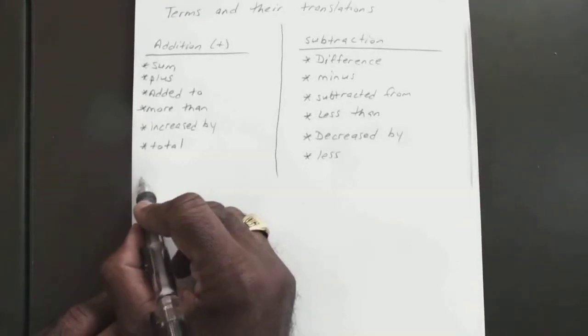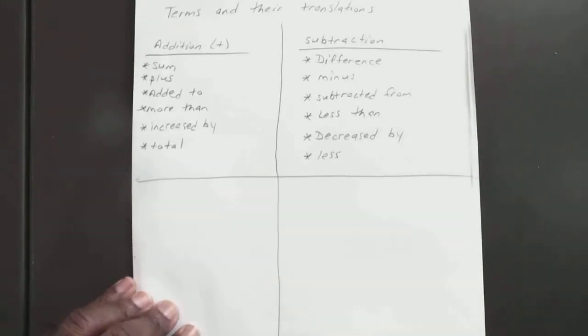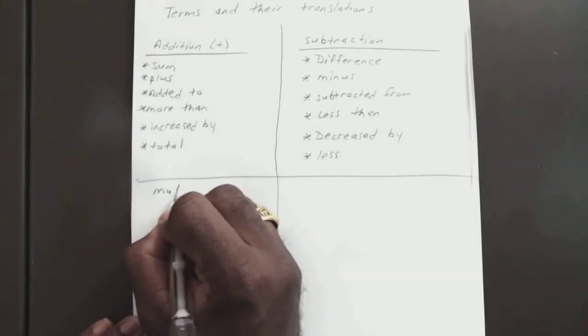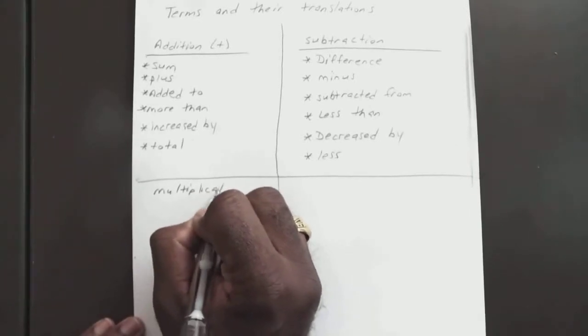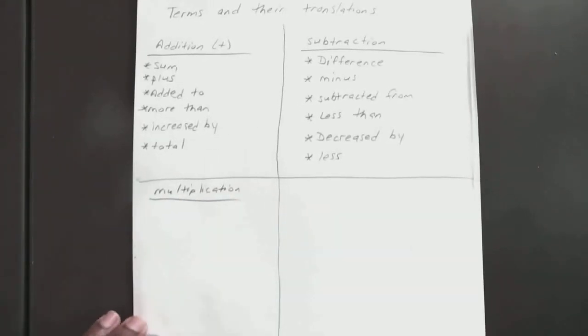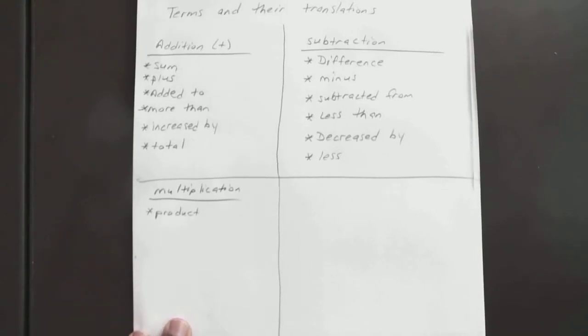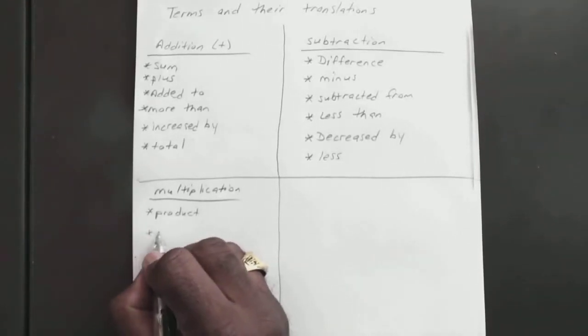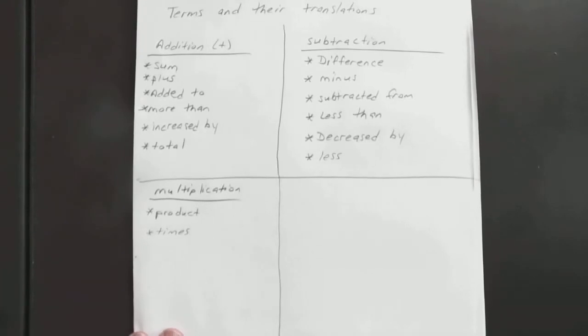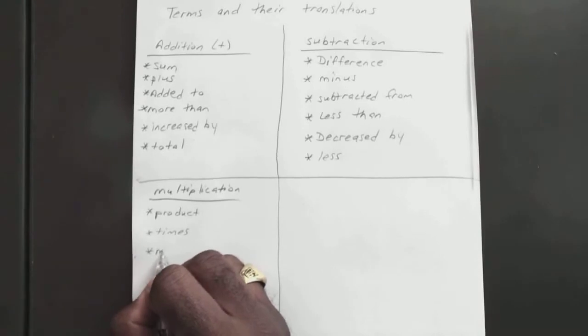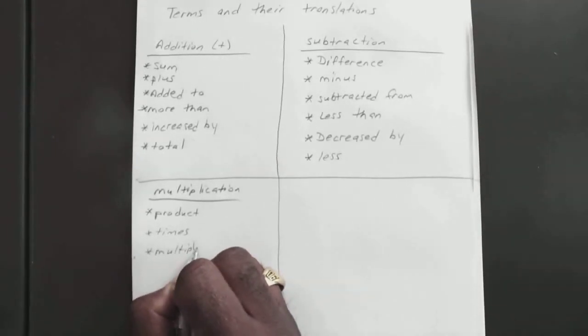Now for multiplication, you might see product, or times. They may just come right out and tell you to multiply. You might see twice, which is their way of telling you to multiply by 2.